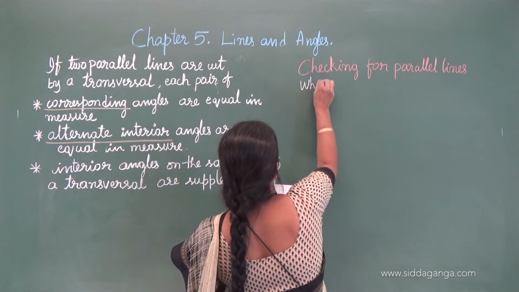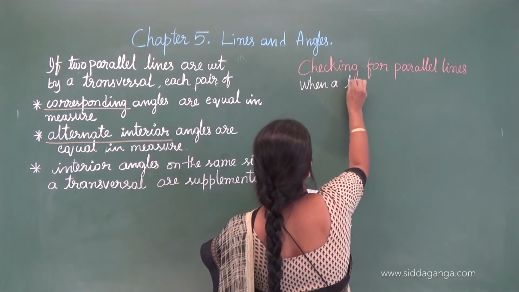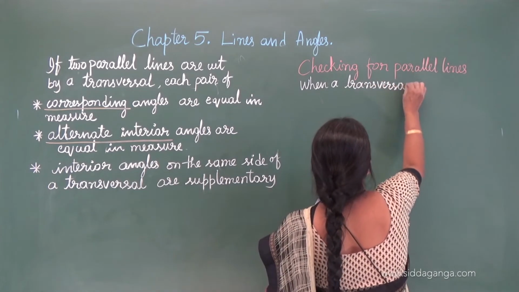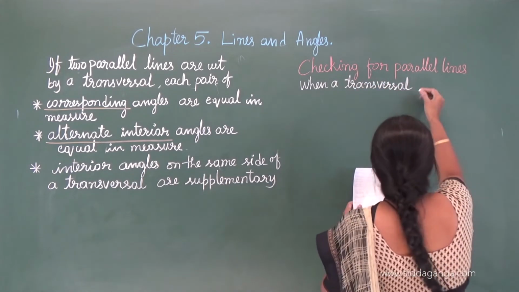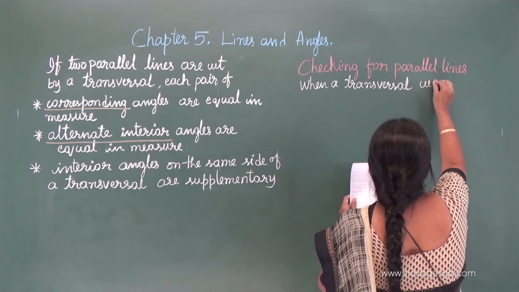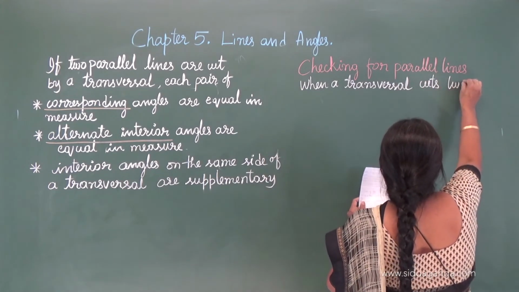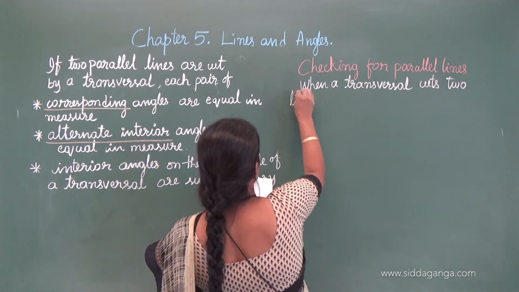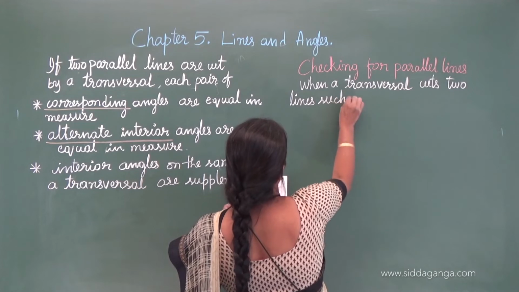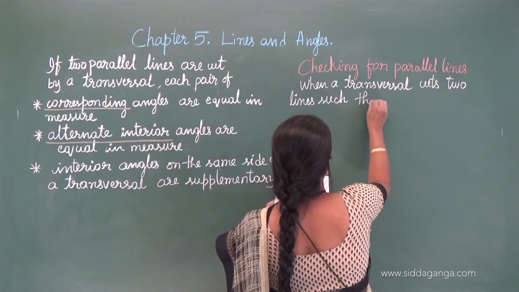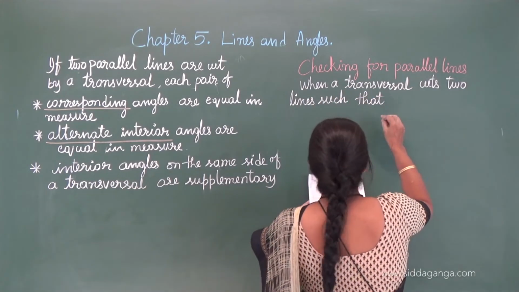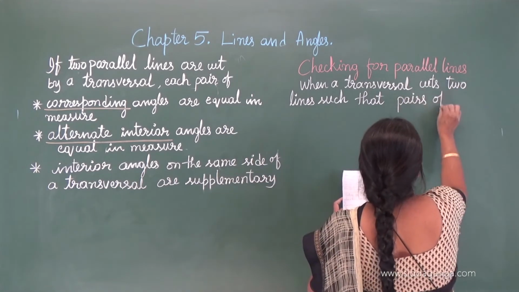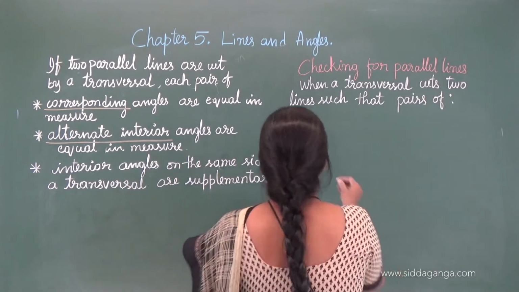When a transversal cuts two lines, so these are the important points, such that pairs of, so we can write like this.